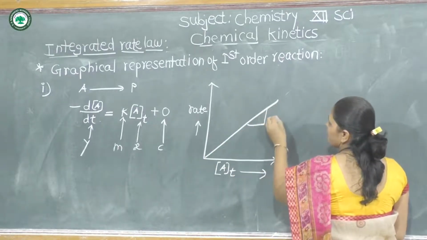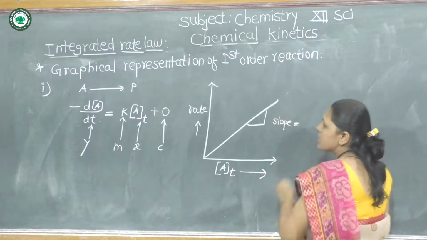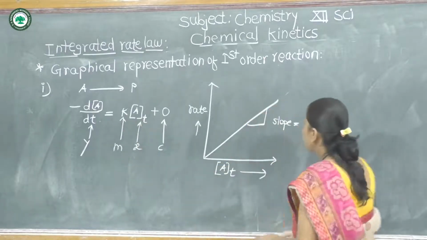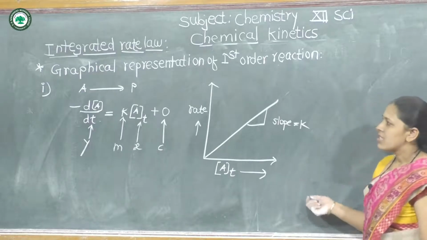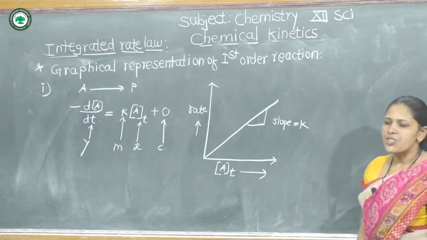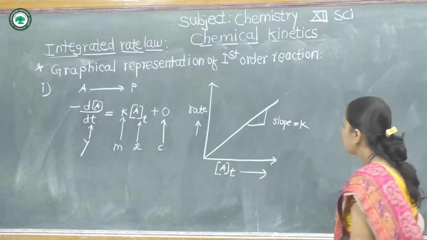The slope m is equal to k. This is the graphical representation of first order reaction.